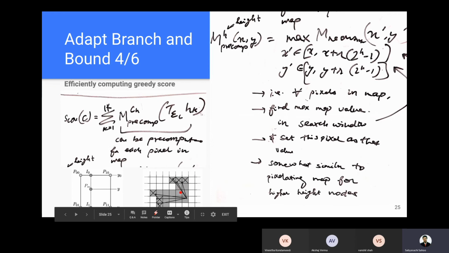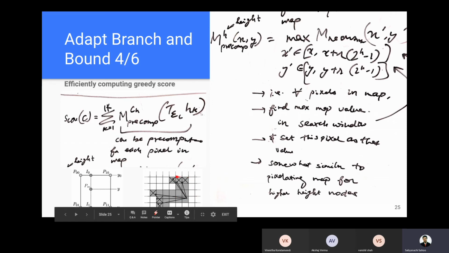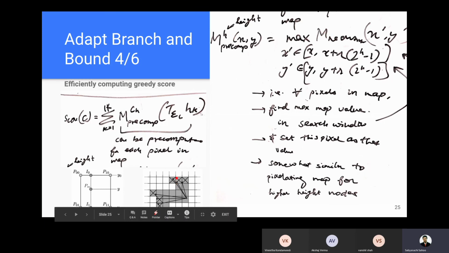In some sense, you could look at this as a form of max pool over these points, and then assigning each of these pixels the max pool value. That is what the pre-computation at a certain height means. Let's say at some height you look at these pixel values: 0.2, 0.4, 0.5, 0.6, 0.8, 0.7, and 1.